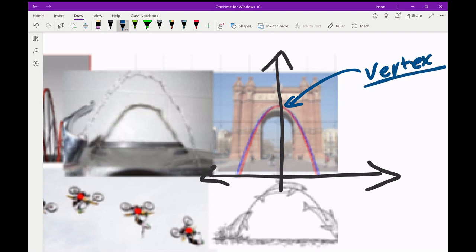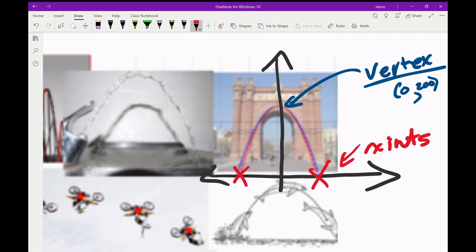And when you go and talk about the vertex, I always want you to give me the point. Now, I can't see the point here. Maybe it's 0, 200 for 200 feet. And then these values here, I'm going to highlight them in red, put an X in red, are our x-intercepts.